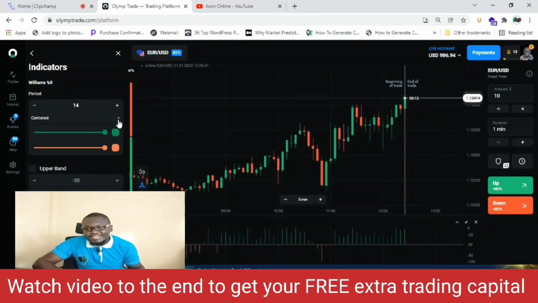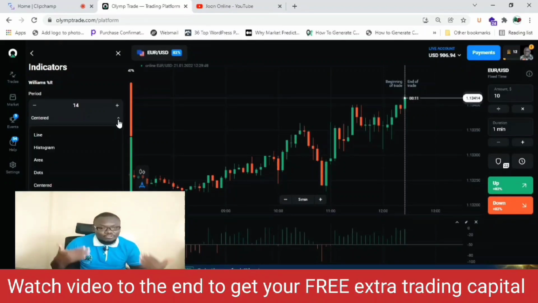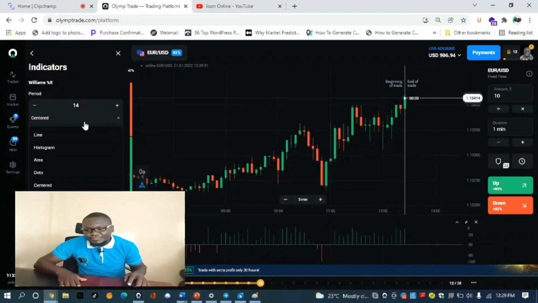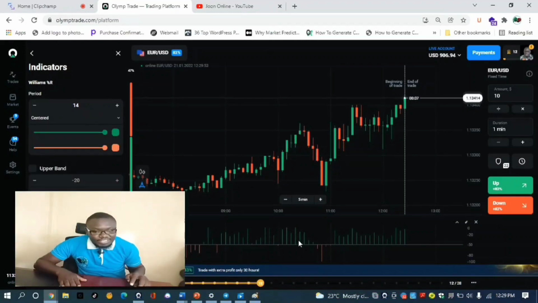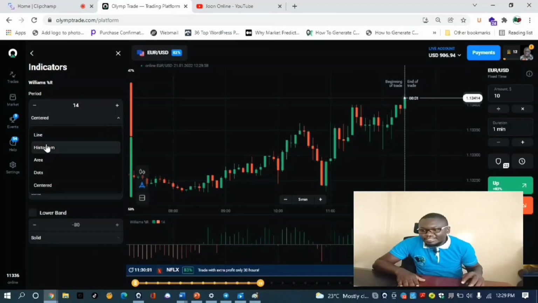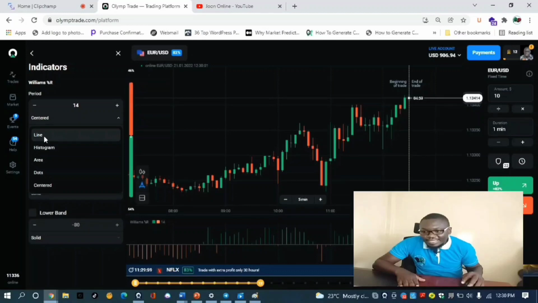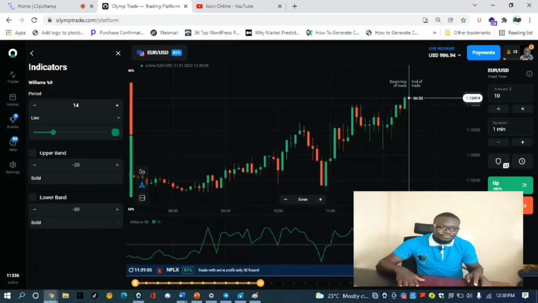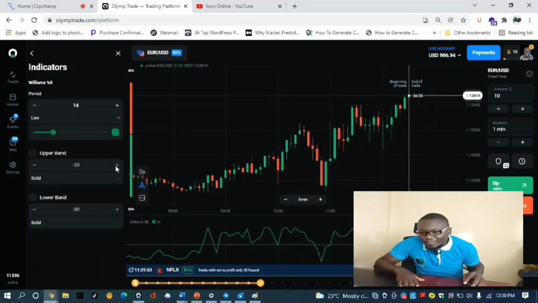Then the next thing that you can also change, or use as it is, is the type of chart that is shown on the oscillator. At the moment we see that it is centered. We can change that and take line. We can also make these levels visible, level -20 and level -80.